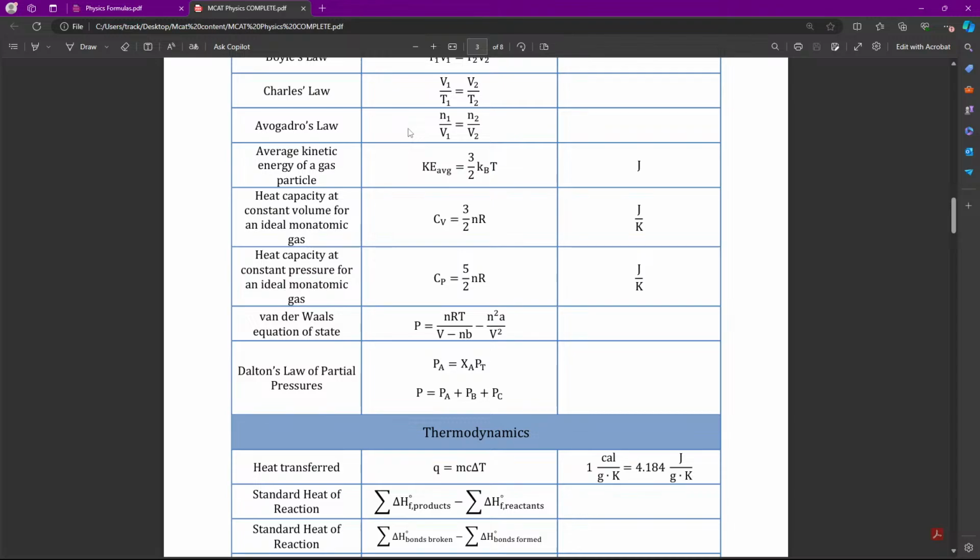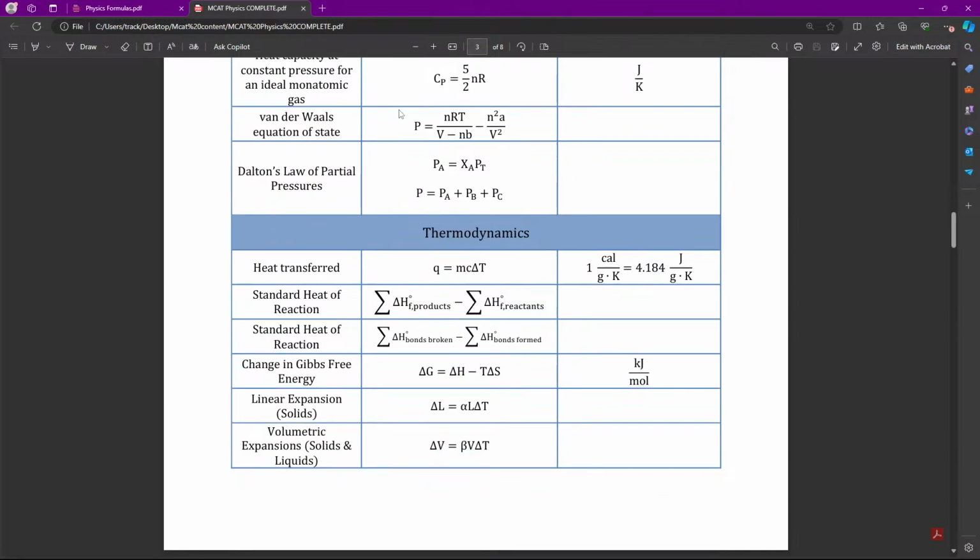Van der Waals equation is P equals nRT divided by V minus nb. Never learned that equation. Dalton's law of partial pressure, I've talked about that, where P total is equal to partial pressure A plus B plus C. Partial pressure A is equal to the mole fraction times the total pressure. Thermodynamics.